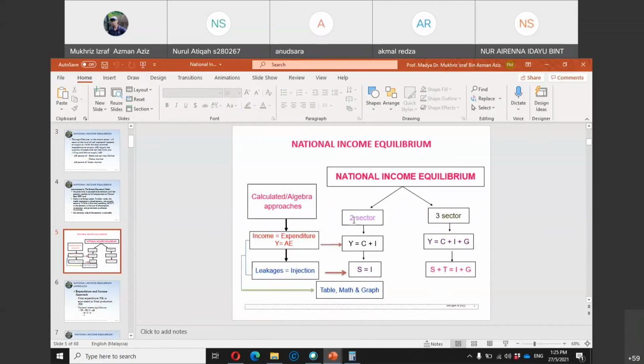In the two sector economy, we can find the level of equilibrium using S equals I. Whenever saving is equal to investment, that value also represents the equilibrium value.